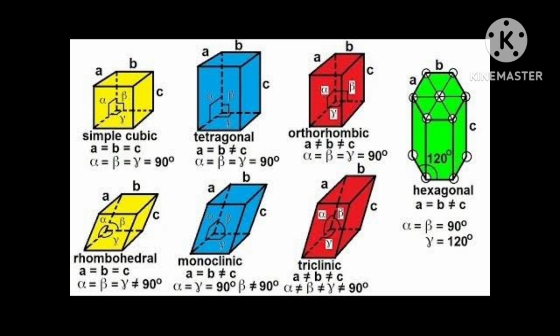First I told the structure, that was the cubic crystal system. In that, 3 possibilities are there. The first possible variation is primitive, it may be body centered, it may be face centered.